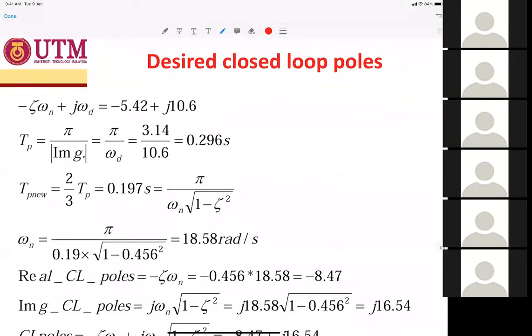So the desired closed loop pole is here, the intersection point. This is the real part and this is the imaginary part. So Tp is pi divided by imaginary part, which is 0.296 seconds.